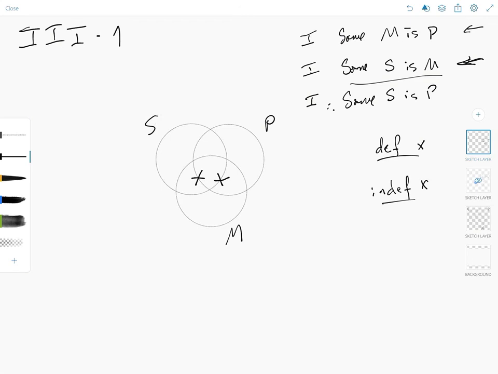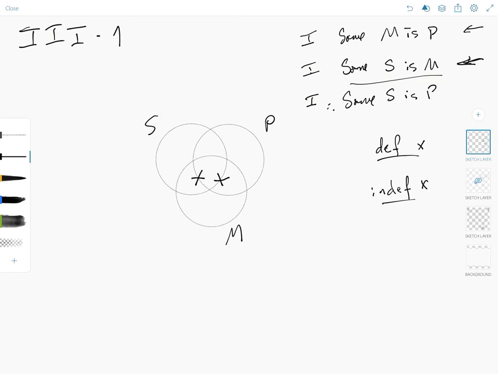The schema, universals need shading, didn't have any shading. Definite x's, we had no definite x's. Indefinite x's, they were both indefinite. Because they're both indefinite, there is no definite x to do double duty for some other x. So our diagram is complete.